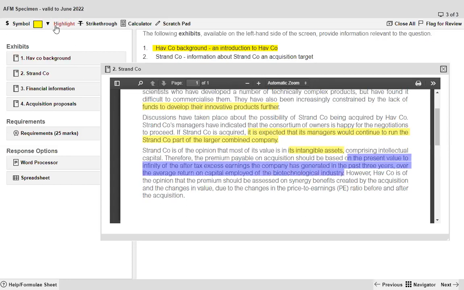Now, this is an important area, and I would highlight it with a different color just to make sure that you know this is something a bit different. This is the method that should be used to pay the premium to them.